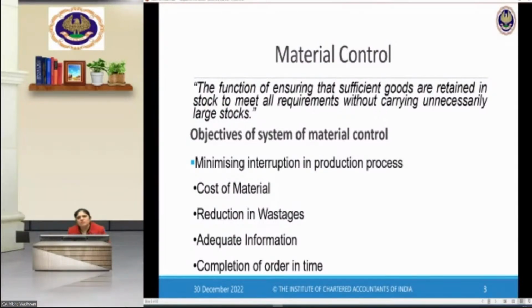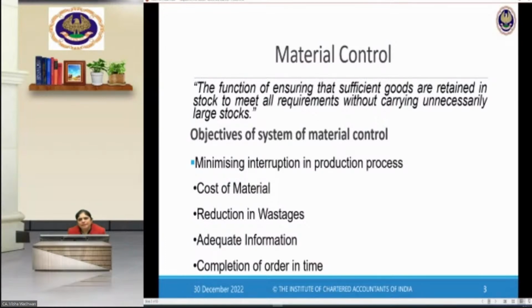Reduction in wastages, of course: how we handle materials during the production process or in inventory, so that wastages are minimized. Adequate information should be there throughout: how many receipts, how many materials are balanced, how much is the shortage of material, when we should purchase and how much. So we should always have adequate information.